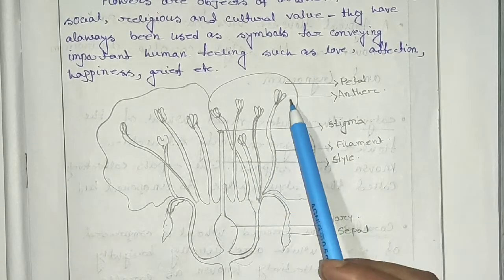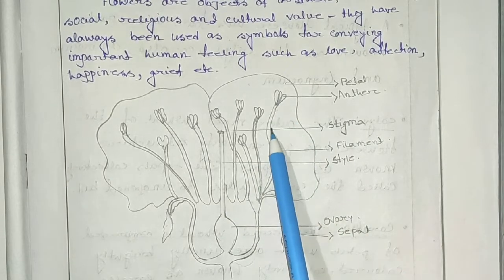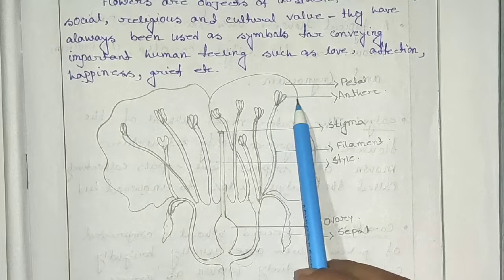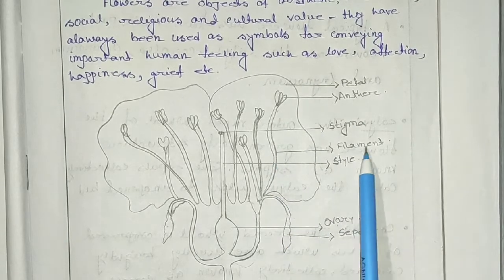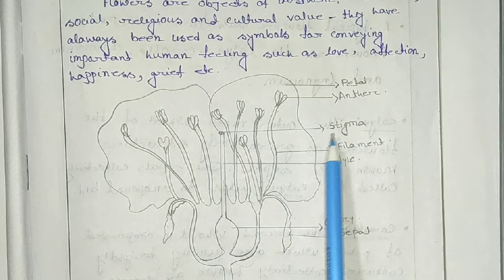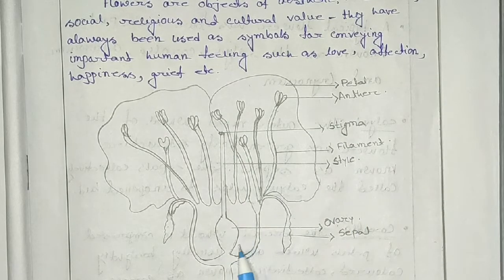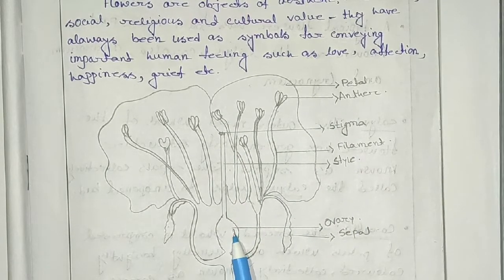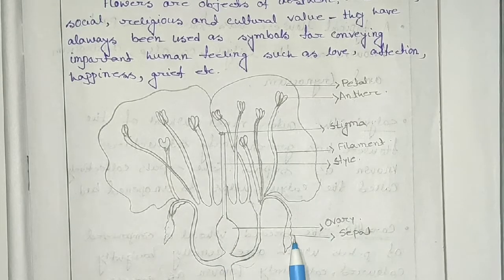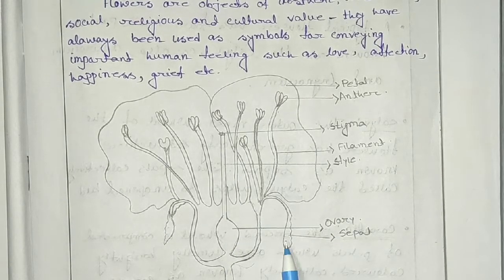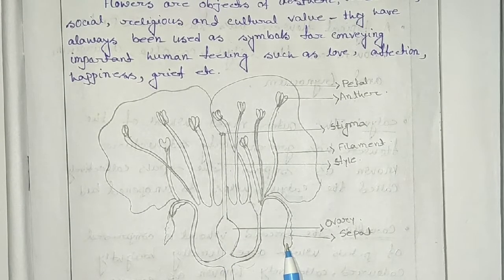This total portion is called the stamen. This is the anther, and this stalk-like structure is known as the filament. This is the stigma, this is the style, and this is the ovary. Here the female reproductive organ is known as the gynoecium, and this outermost part is the sepal. It is always green in color.